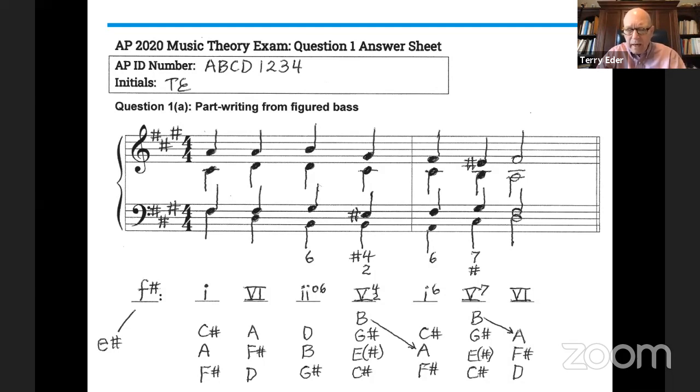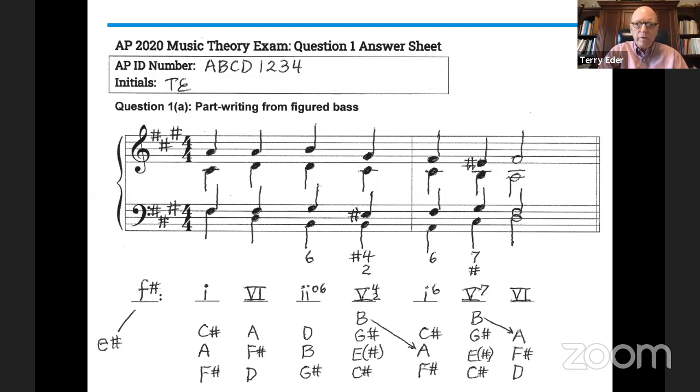And then the last chord, let's see, we've got a fourth between C sharp up to F sharp, and then B, and then the dominant seventh, the chordal seventh of that chord has to go to A, which you see it does in the alto. Okay, so that question was completed.